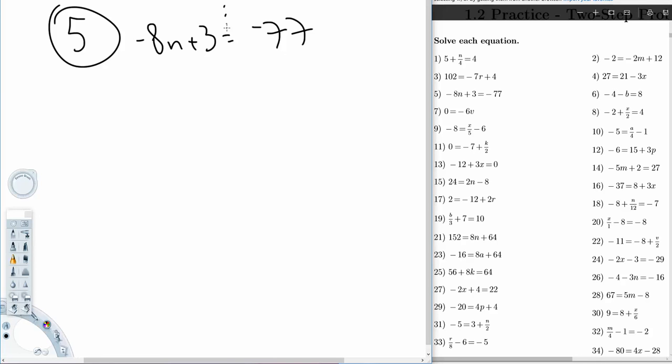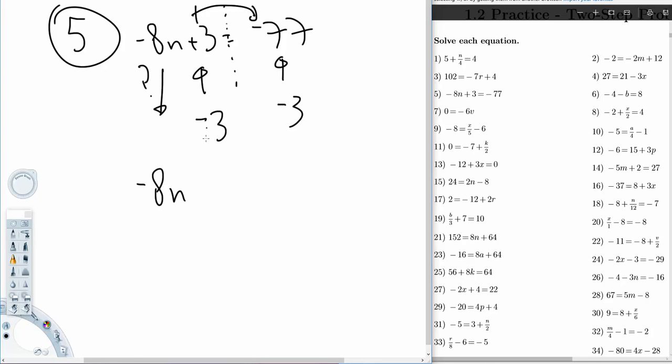So first thing we do is divide the equation into 2 at the equal sign. We know this, we know this, we don't know this, so we want to get what we know all on one side. So this would be plus 3, would be minus 3, and here we do the same thing, minus 3. Why do we do the same thing? Because what we do on one side, we have to do to the other. So nothing happens to negative 8n, plus 3 minus 3 equals 0.